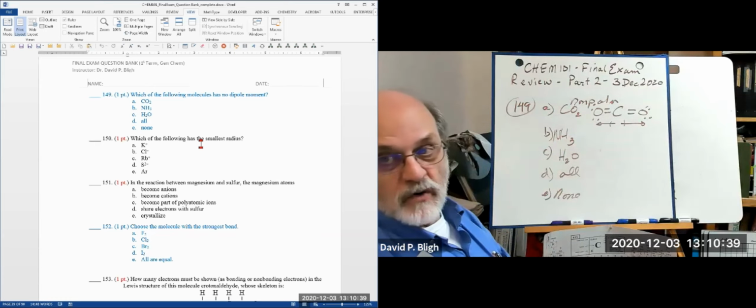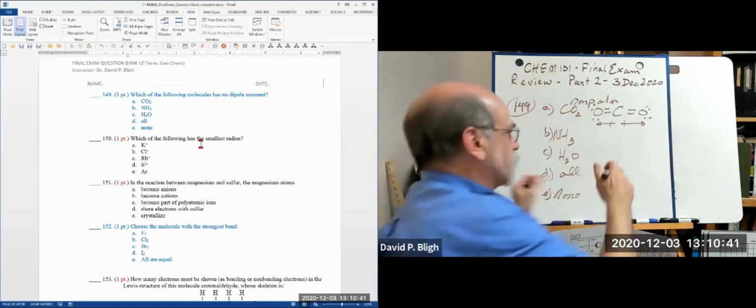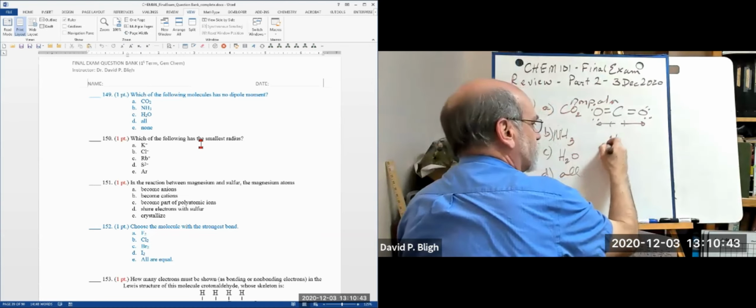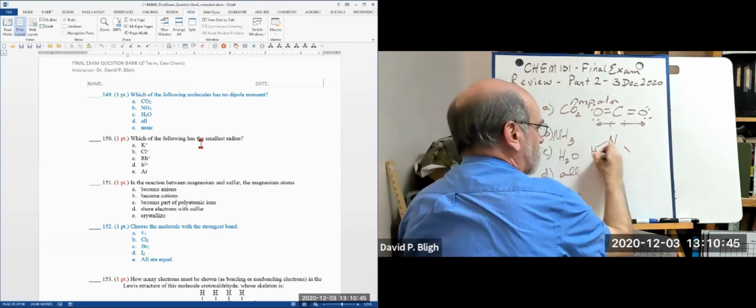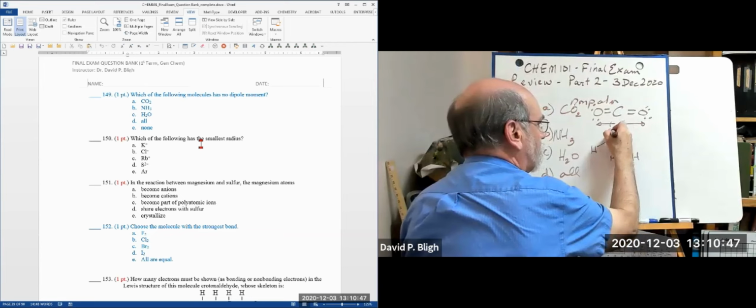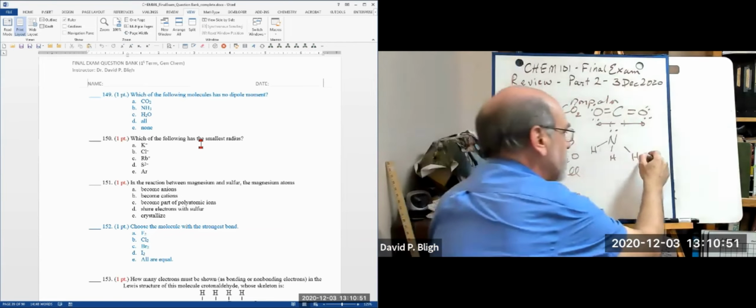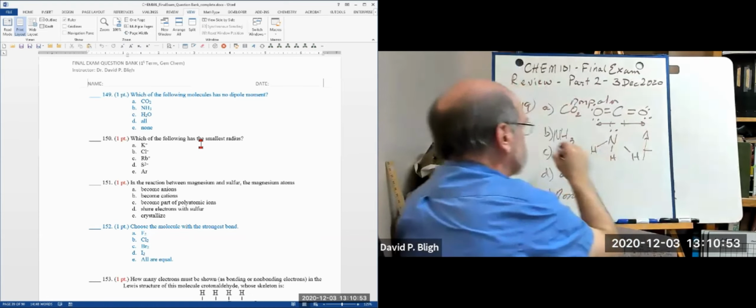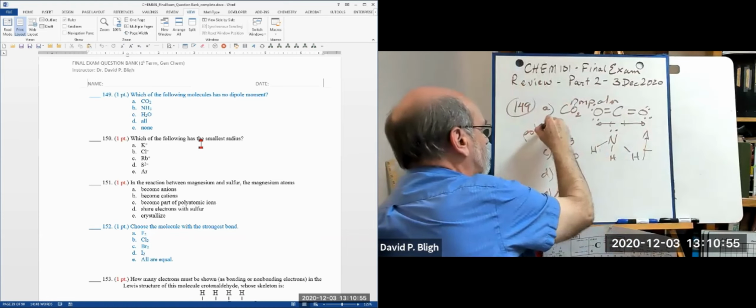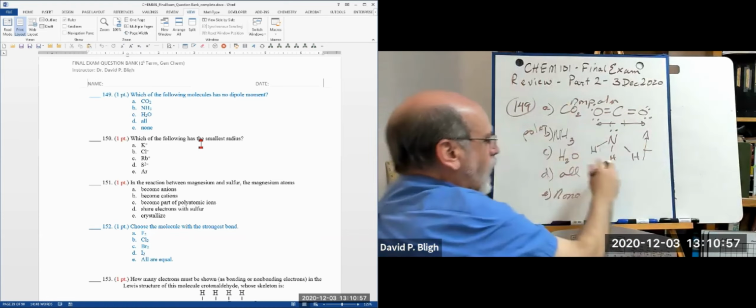So let's see, what's ammonia? Well, draw the Lewis dot structure. It looks like this. Okay. That dipole moment is this way. So that one's polar. Water.